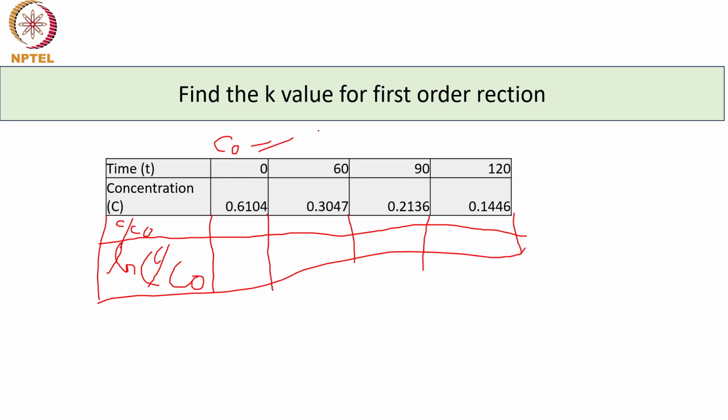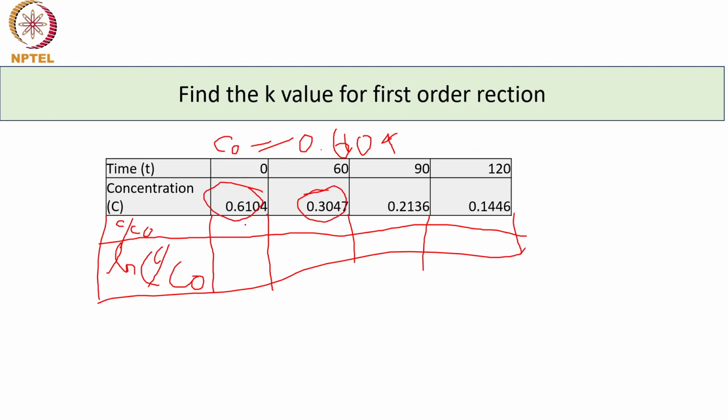It is going to be 0.6104. So your C naught will be 0.6104. Your C will be this 0.47.